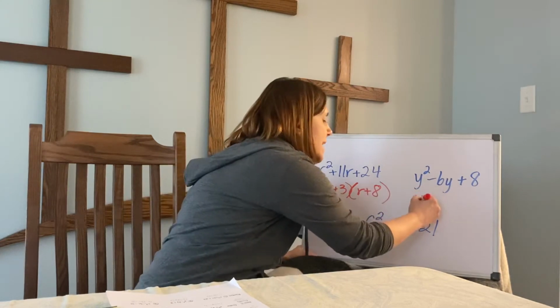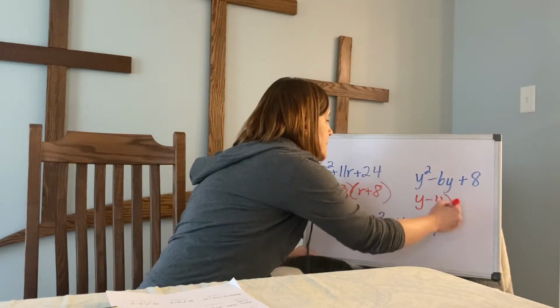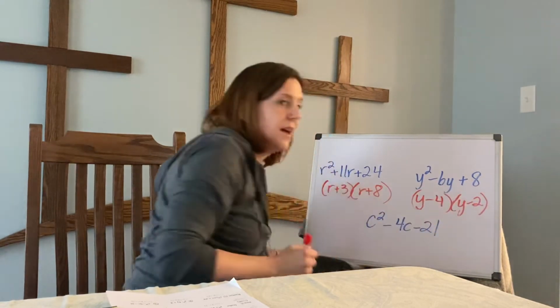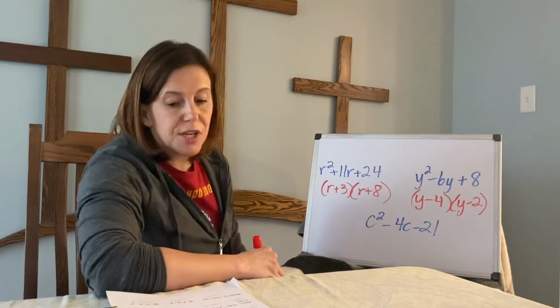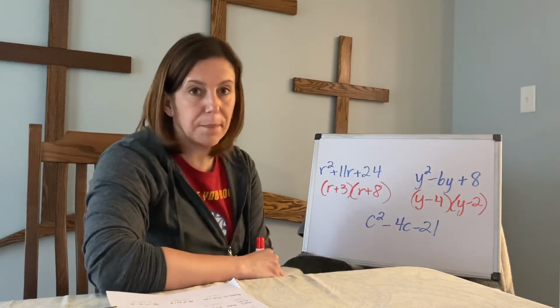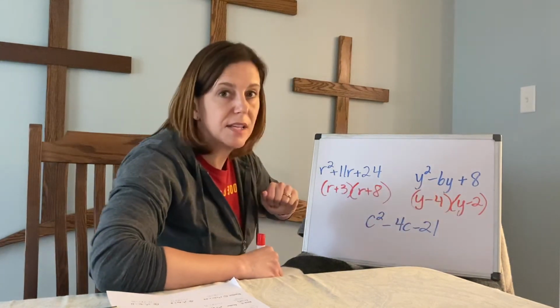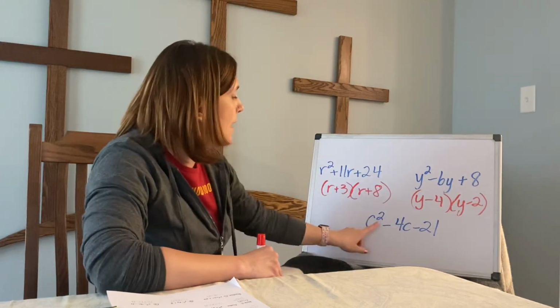So I have to be extra careful with my signs, using either my shortcut method with my signs or my X form or both. My answer here is y minus 4 times y minus 2. -4 plus -2 gives me -6, but multiplied together gives me +8.